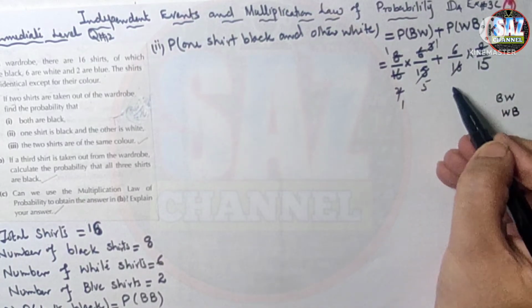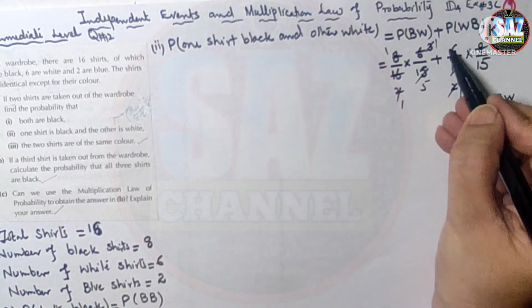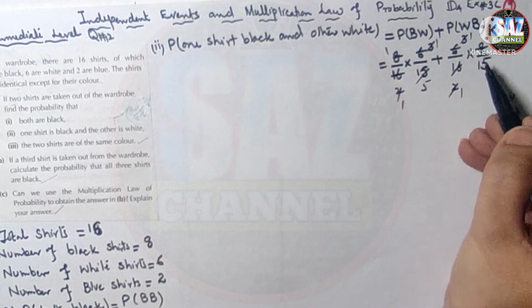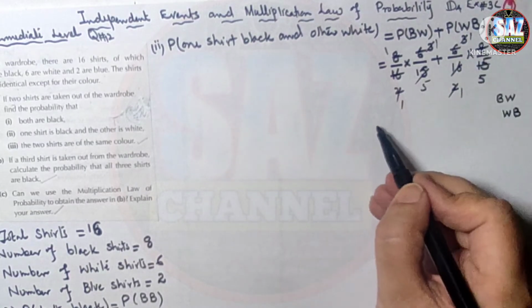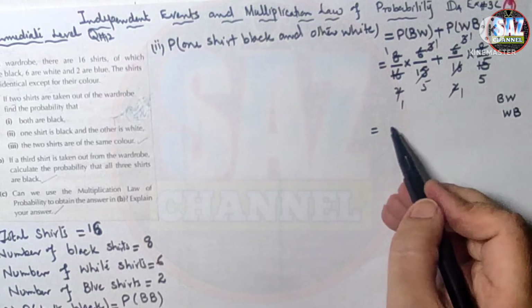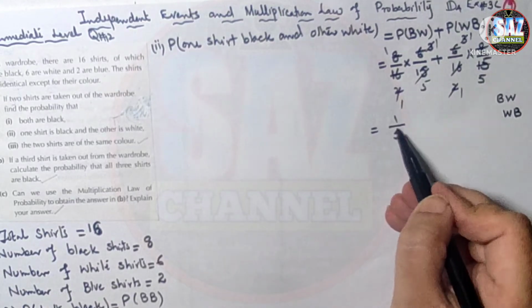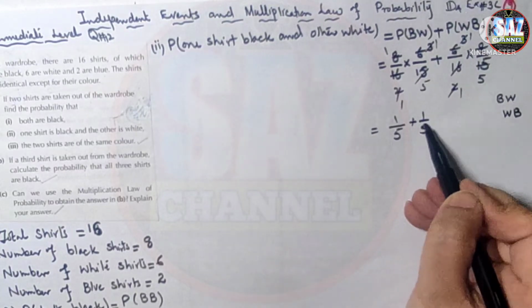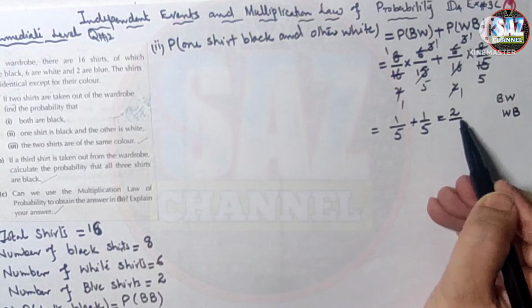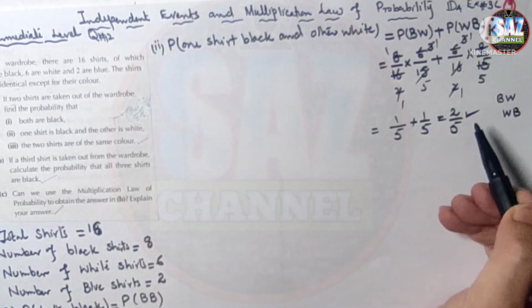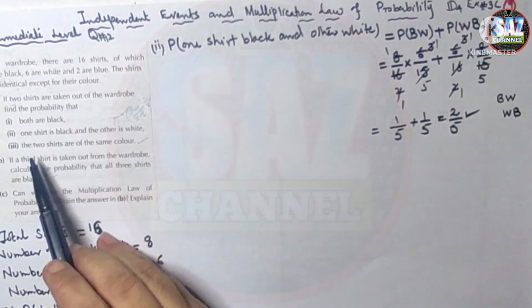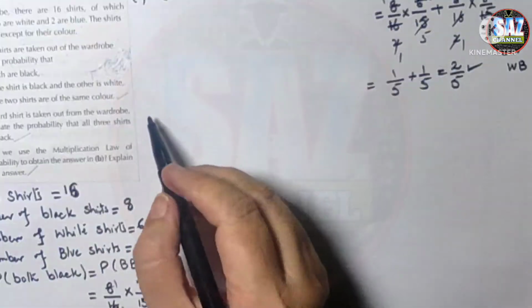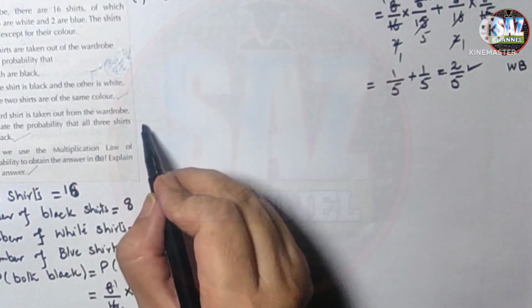So the simplified answer is 1 by 5 plus 1 by 5, which is equal to 2 by 5.